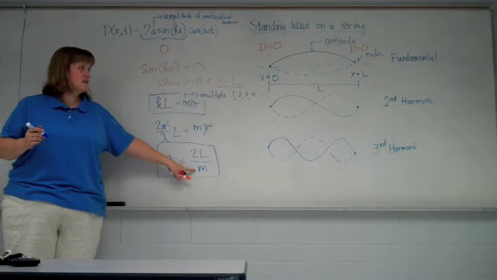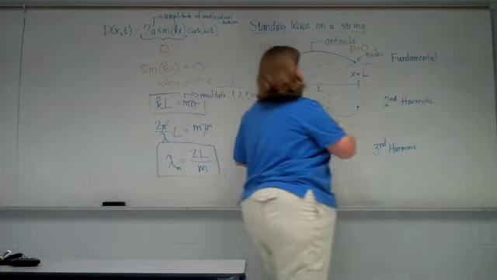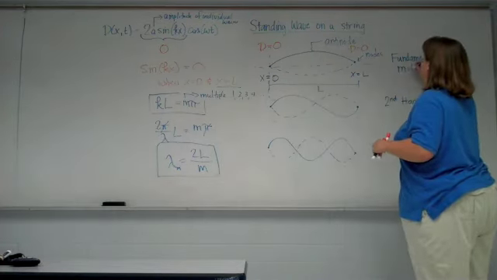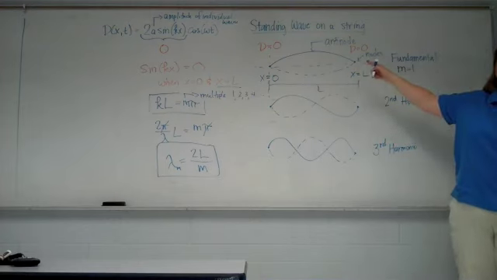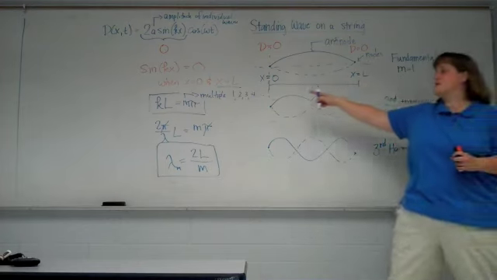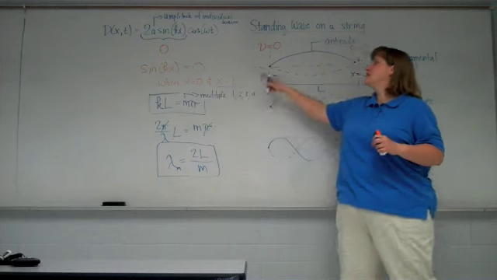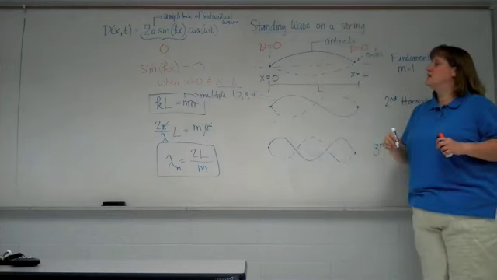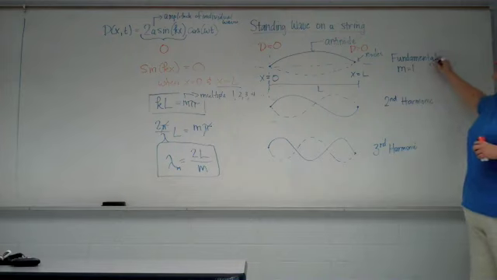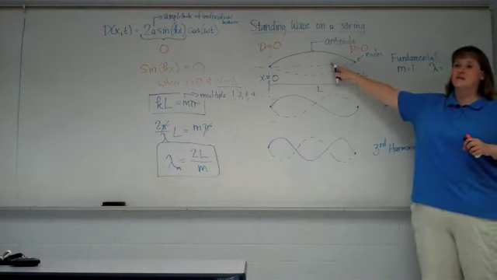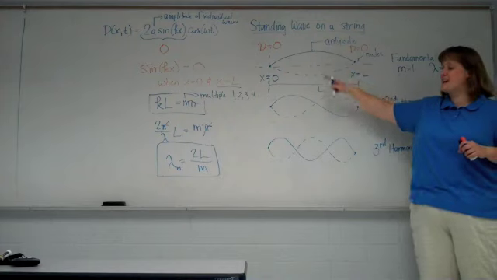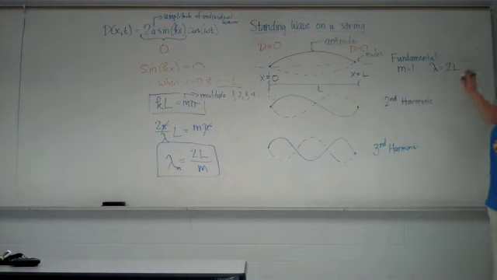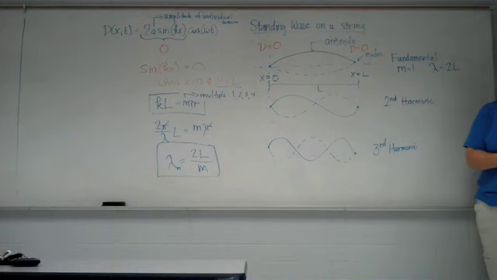If m is 1, we have the fundamental. Okay? So the smallest multiplier here gives us the simplest pattern. So if m is 1, then we have the fundamental. That means the wavelength of this particular standing wave is exactly twice the length of the string.